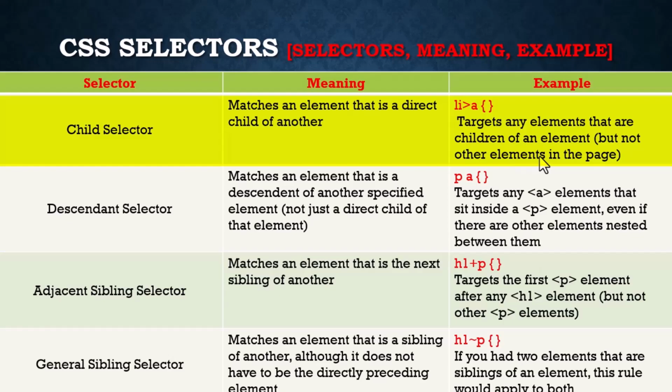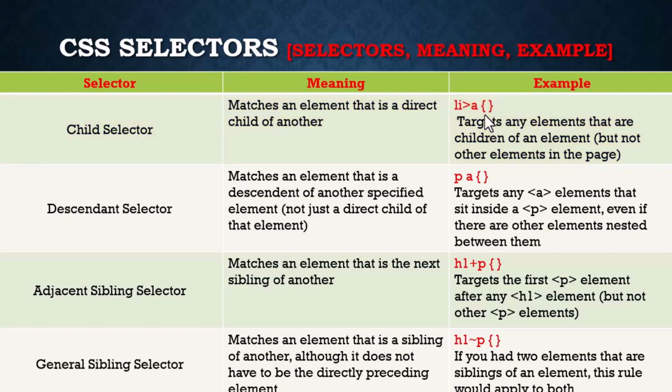So in this case, the anchor is specific to a list item. So this is how you present it. Li, then the right angle bracket, and then you indicate the name of the child. All your settings and all your properties should be within the curly brackets.